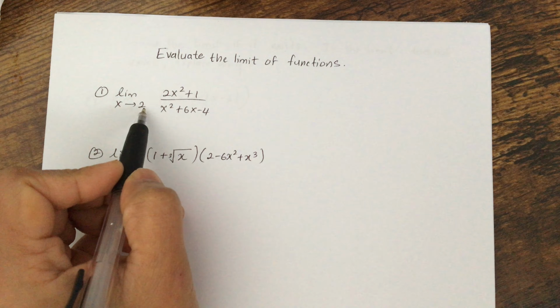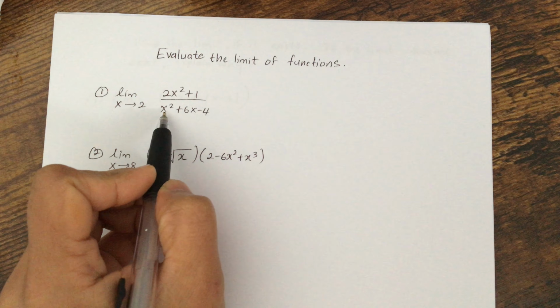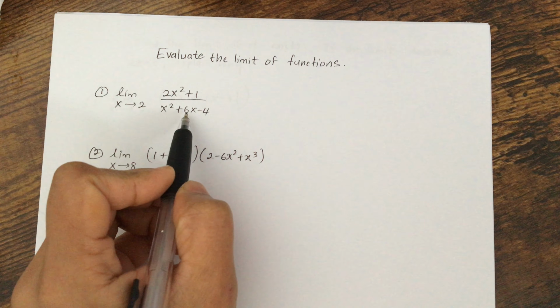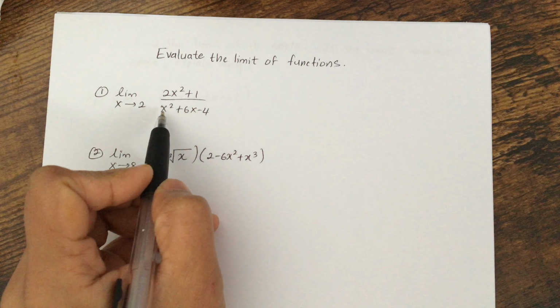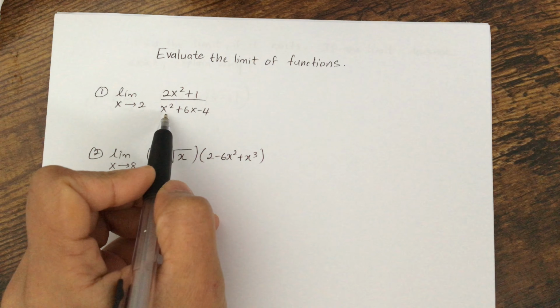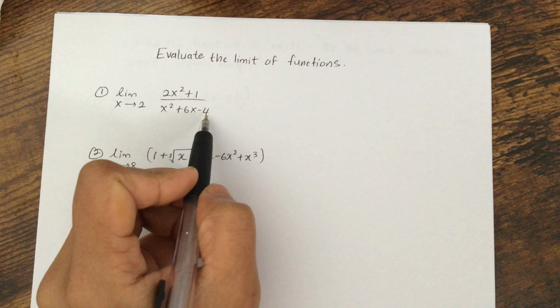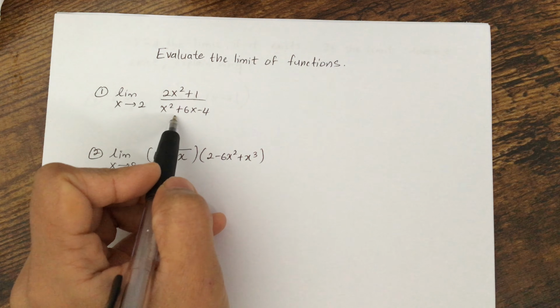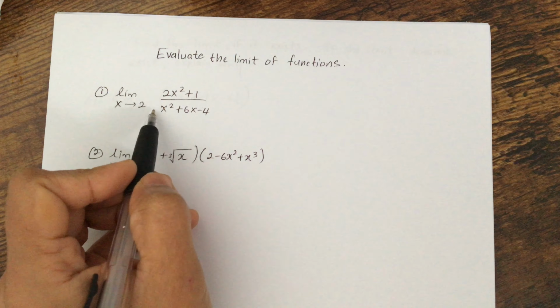When x goes to 2, what happens to your denominator? 2 squared is 4, 2 times 6 is 12, 12 plus 4 is 16, minus 4 is 12, right? So here you don't have 0 in the denominator when x goes to 2.